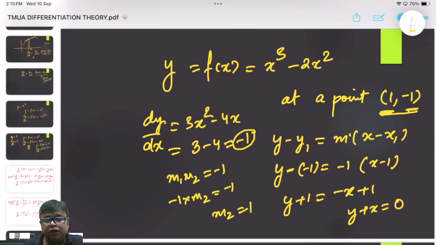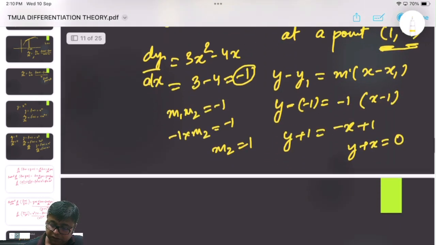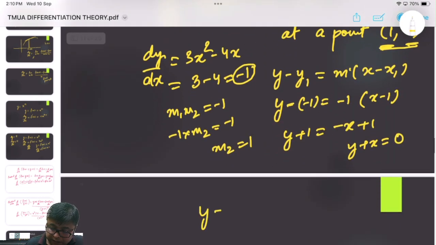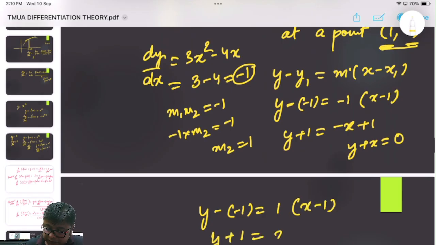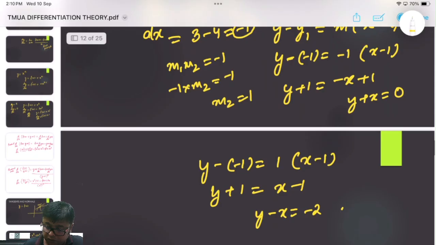So the slope of the normal is 1. So the equation will be y minus (minus 1) is equal to 1 into (x minus 1). This gives me y plus 1 is equal to x minus 1. So y minus x equal to minus 2. This is the equation of the normal at that point.